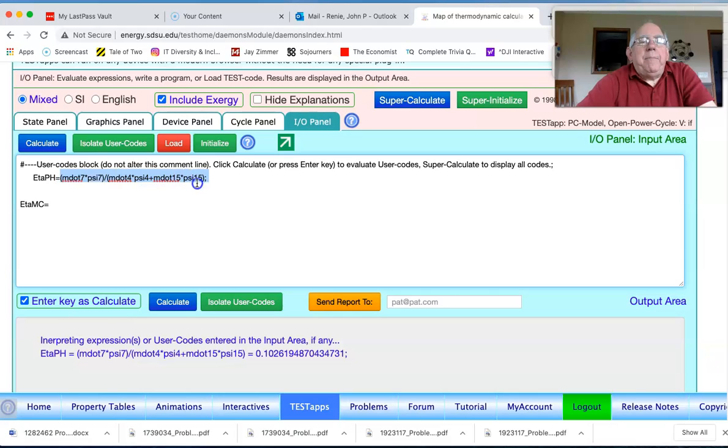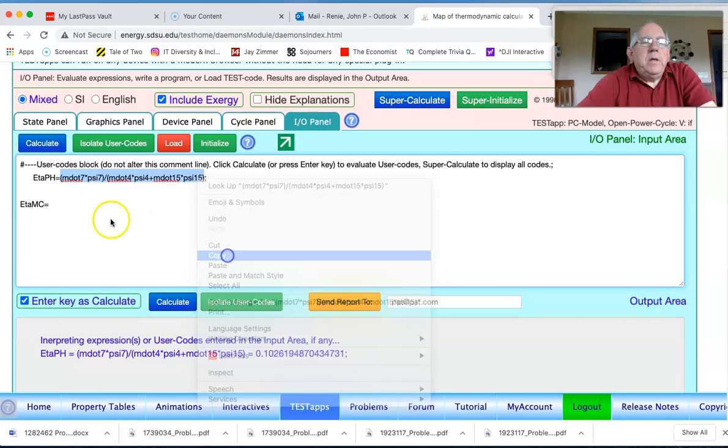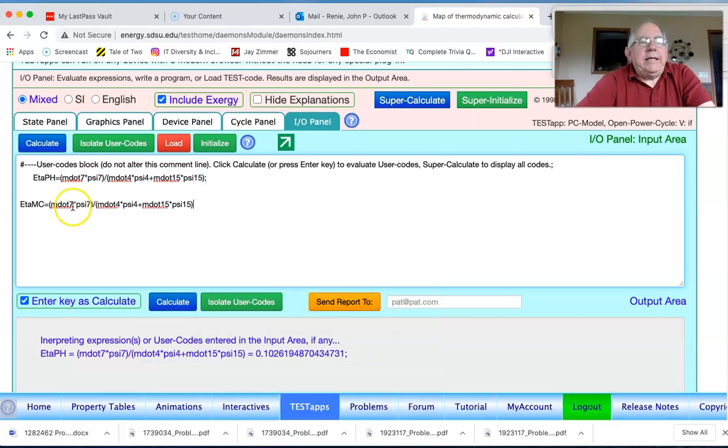And so I'm going to copy this, just to speed things up, and paste it into here. And so what I said, the two streams were 9 and 10. We have an m dot 9 and a psi 9. Whoops, I'm sorry. We have the output first, which is m dot 11 and psi 11. So that's what's coming out.